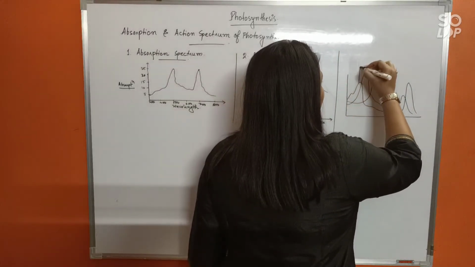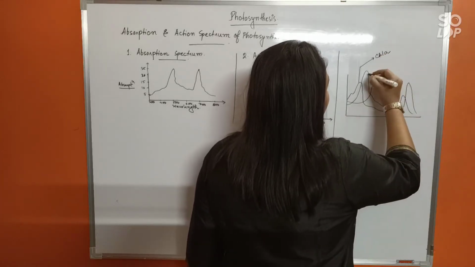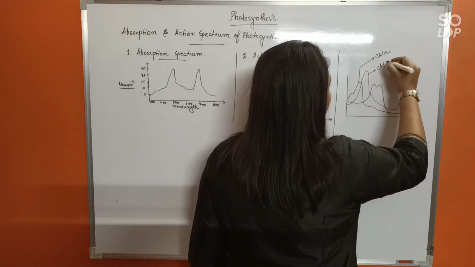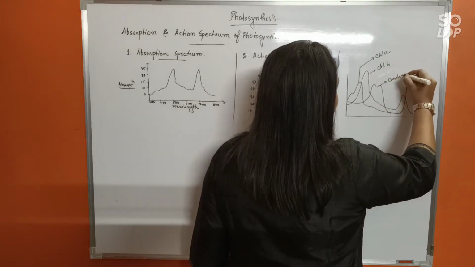This is suppose for chlorophyll A. This is for chlorophyll B, and this is for carotenoids.